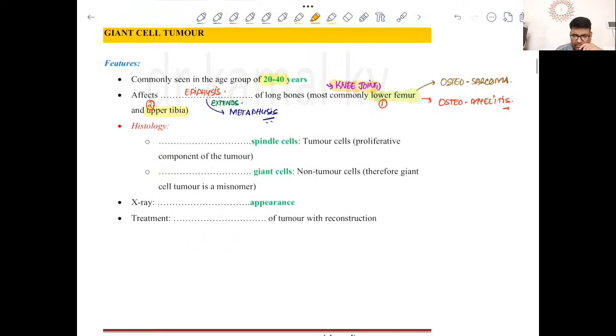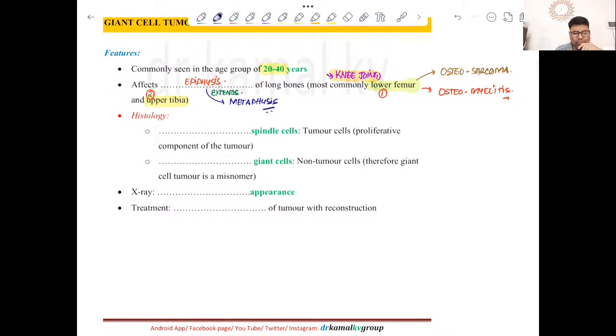So giant cell tumor. Now histology, we find two types of cells. One are mononuclear and another are multinuclear or multinucleated, right? Mono means one, multi means many.